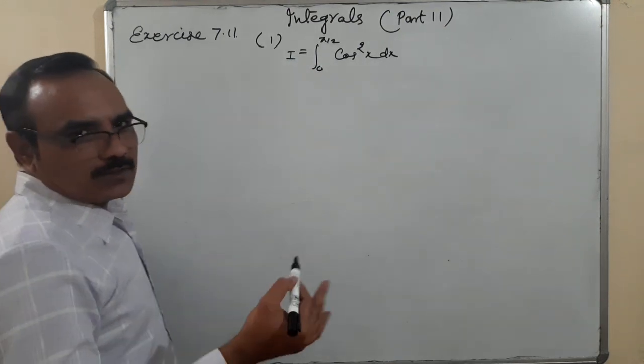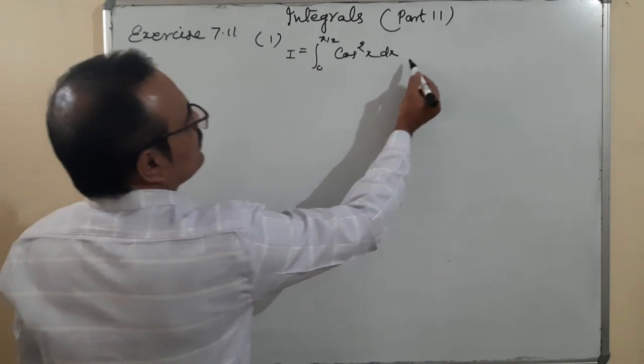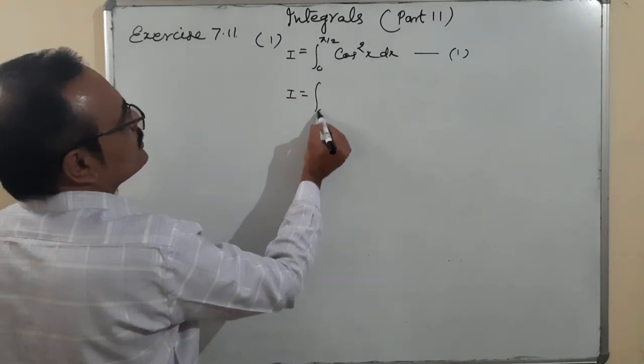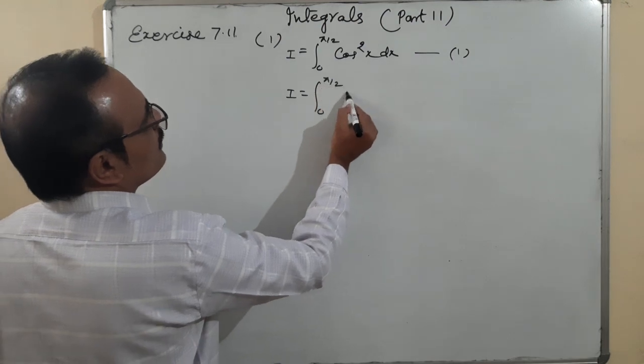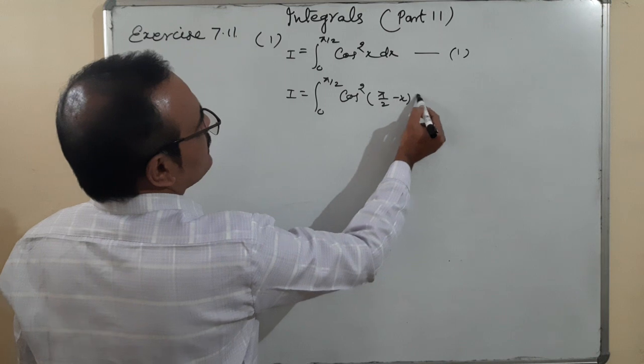See how simple we will solve this question using the properties. I is equal to this, given as equation number 1. I is equal to 0 to pi by 2 cos square of pi by 2 minus x dx.